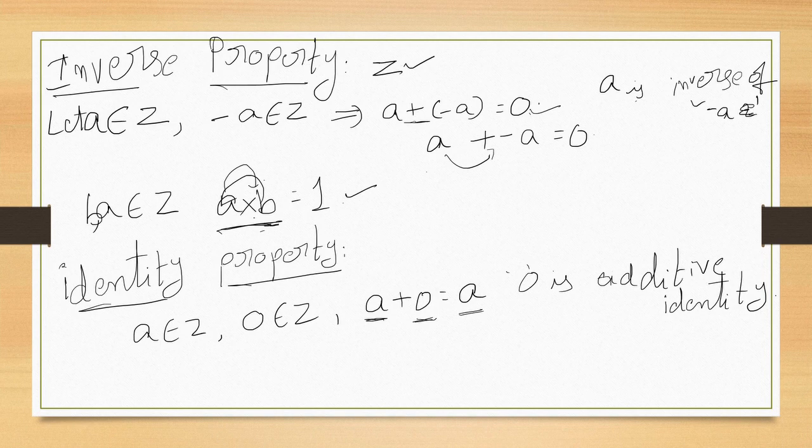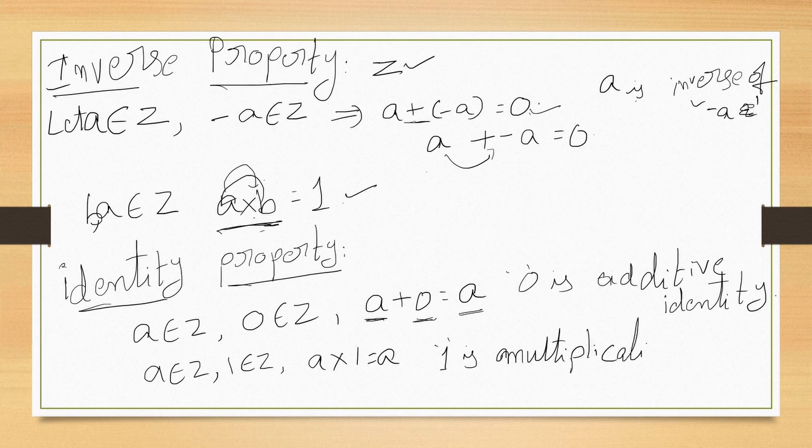And if a is in the set Z and we know 1 is in the set Z, if we multiply any number with 1, we get the same number. That means a into 1 equals a. Then 1 is called the multiplicative identity.